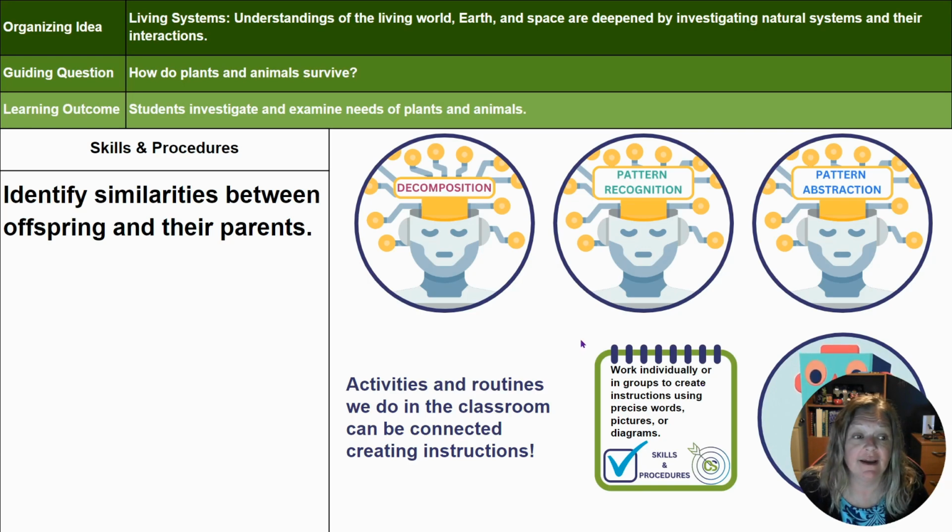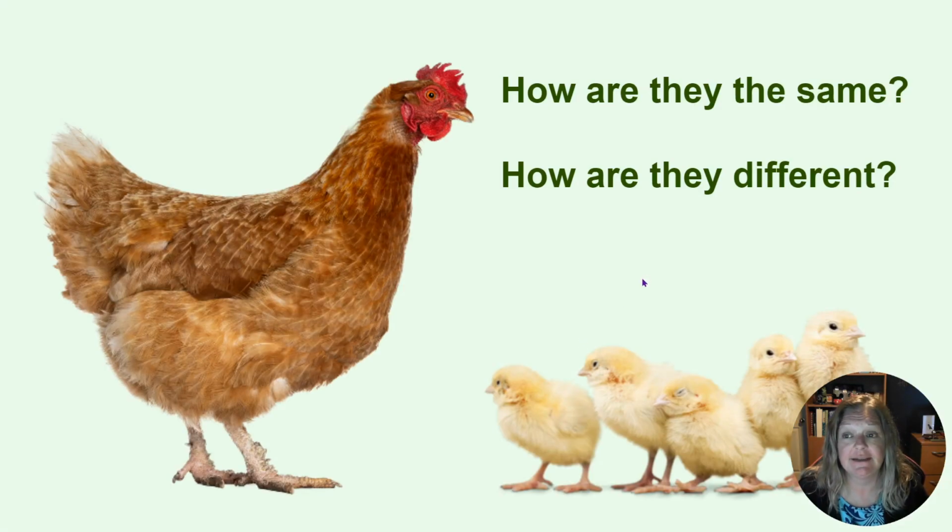So if we look at a simple activity where maybe this is starting out with a classroom discussion, and we're going to talk about how are the adult chicken and the baby chickens the same. Well, they have 2 feet, they have a beak, they have 2 eyes. How are they different? Then we'll have these conversations. Well, what makes the adult chicken an adult, and what makes a baby chicken a baby?